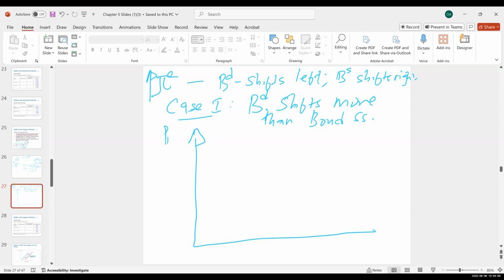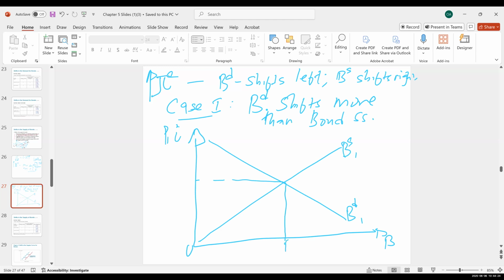You put price here, interest rate here, quantity here. Here's my bond supply one, and this is my bond demand one. Before there was a change in expected inflation, this was the equilibrium bond quantity, and this the equilibrium price, P1, with corresponding interest rate, I1.